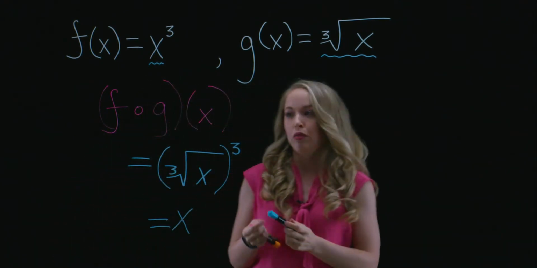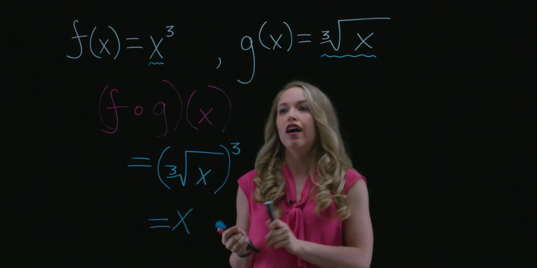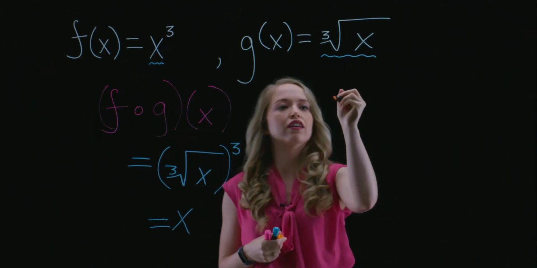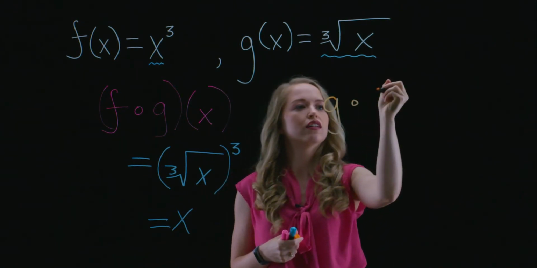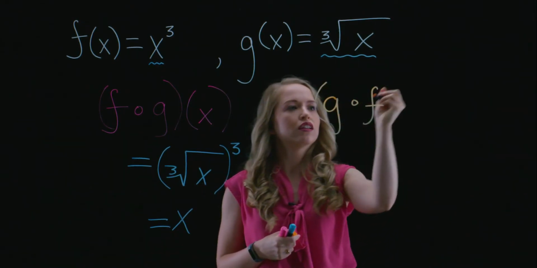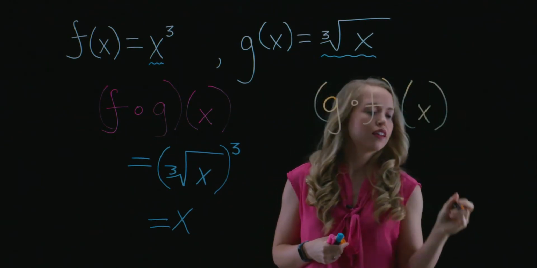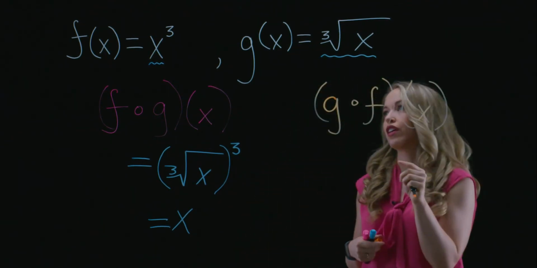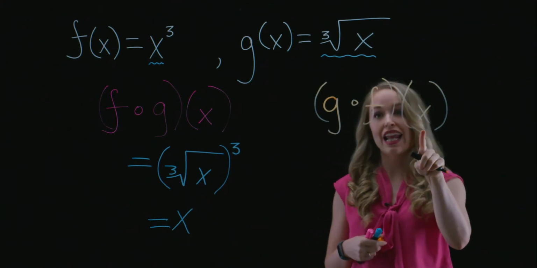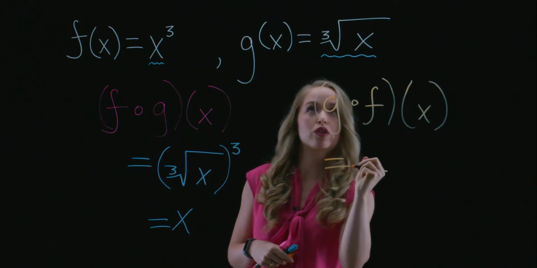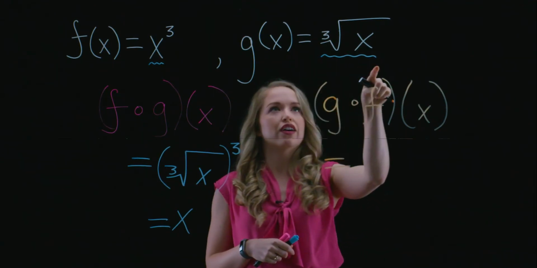Likewise, I will be able to do the reverse operation. I can take g of f of x. So once again, because of the conditions of inverse functions, I will expect to get x as my answer, but I have to show my work. So I am going to rewrite my g of x function.